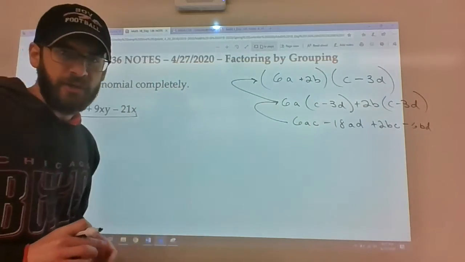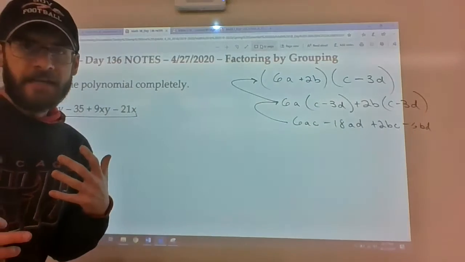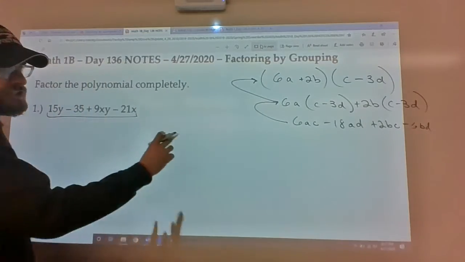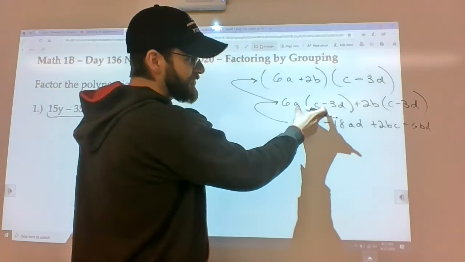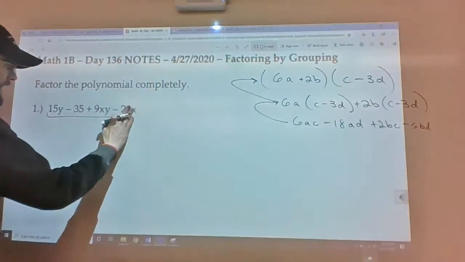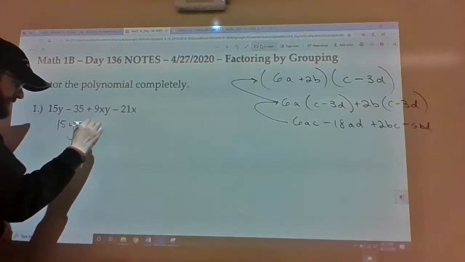So what we want to do here is, instead of trying to find the GCF for all terms, which you're not going to find, you can just look at the two terms that come first. So 15y minus 35.